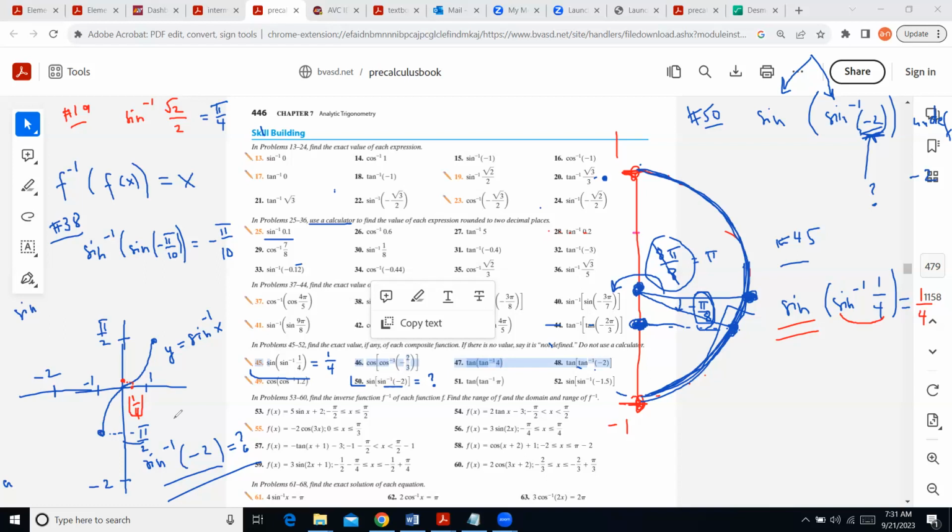So here is no problem. Again, because we were within the domain, we were between -1 and 1. We were not outside, because if we're outside of the domain, well, then there is nothing the function returns to us.